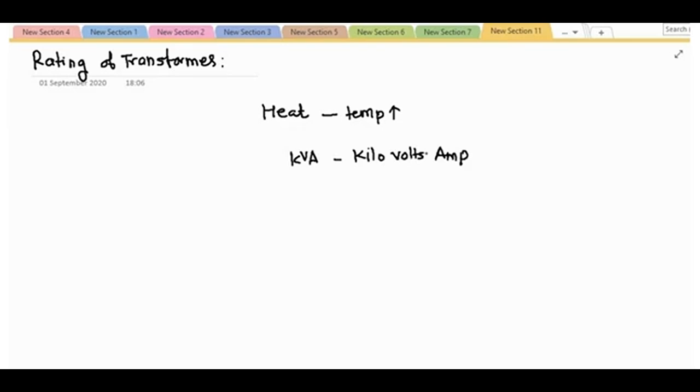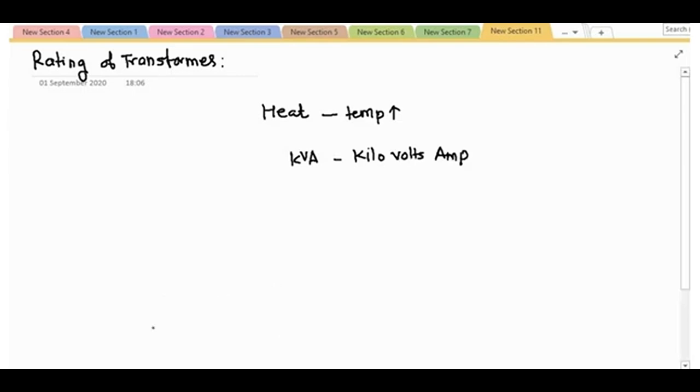The kVA rating of the transformer can therefore be defined as the kVA output which it can deliver at the rated voltage and frequency under usual service conditions without exceeding the standard limits of temperature rise. So we have to design our transformer such that under full load conditions the temperature rise will not be excessive.